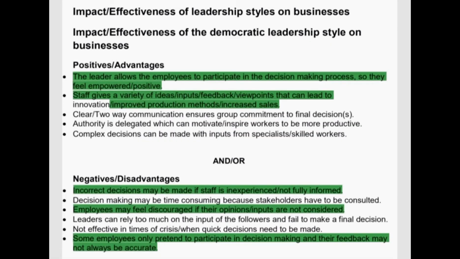Then when it comes to negative, because I feel like negative impacts are important. They are short. When it comes to a democratic leadership style, an incorrect decision may be made if staff is not fully informed.